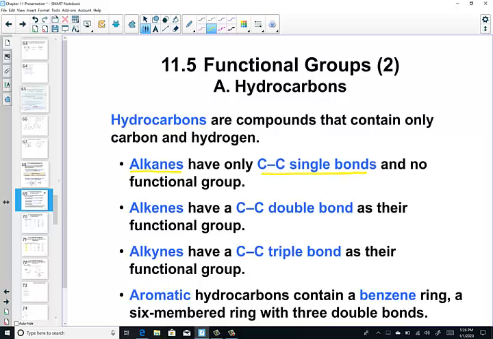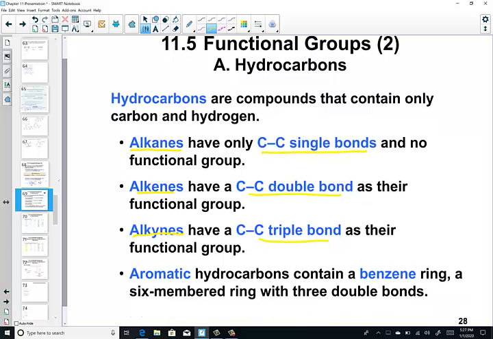They have no other functional group. They're quite boring molecules, really. Hydrocarbons with all straight chains, no other atoms. Alkenes have a double bond somewhere in their backbone. And an alkyne, Y-N-E, has a carbon-to-carbon triple bond as their functional group.